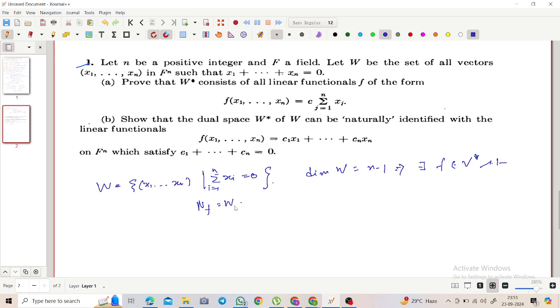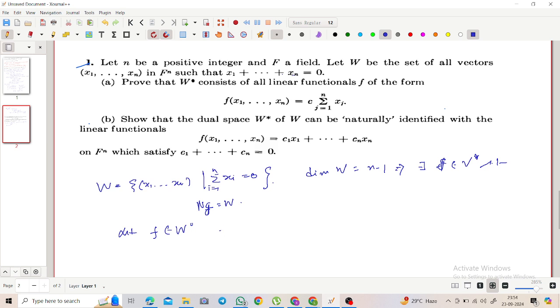Now they are saying prove that W naught consists of all linear functionals f of the form this. So let g belong to W naught. They are writing f here, so we should maybe write g here. So g kills every vector in W.